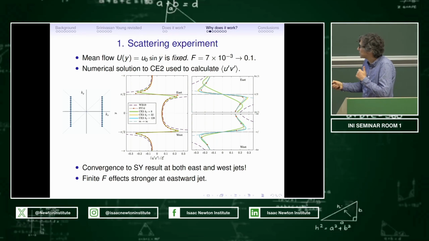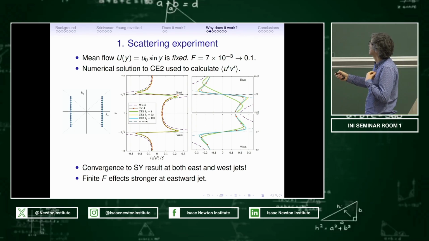Okay, so what does this picture show? Well, these plots are the momentum flux normalized by the equilibrium energy, and the red curve with dots is the Srinivasan-Young prediction, and then the other curves are calculations from our CE2 model at different forcing wave numbers or different values of f. So we get down as low as f equals 7 times 10 to the minus 3.